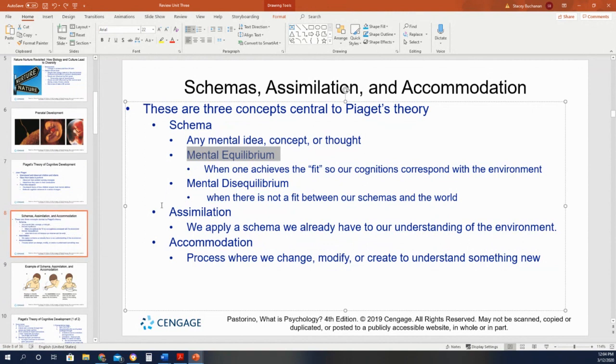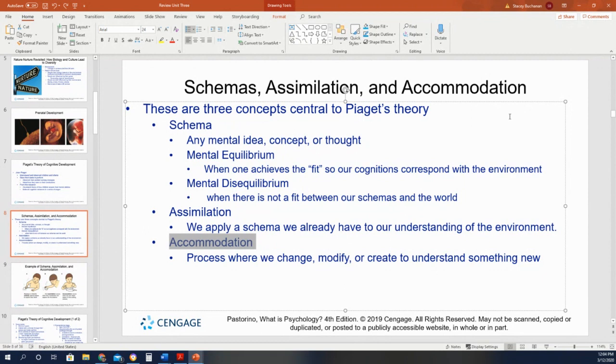When you have mental disequilibrium, you have to use either assimilation or accommodation to achieve mental equilibrium. With assimilation, you take the schema that you already have and use it within your environment. You apply it to the environment. In accommodation, you change a schema or create a new schema.